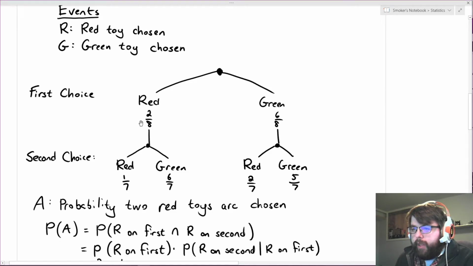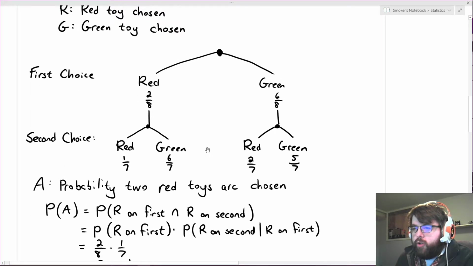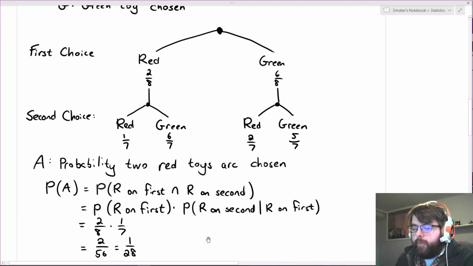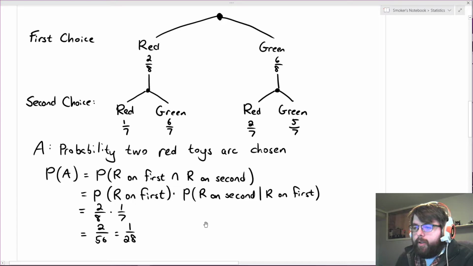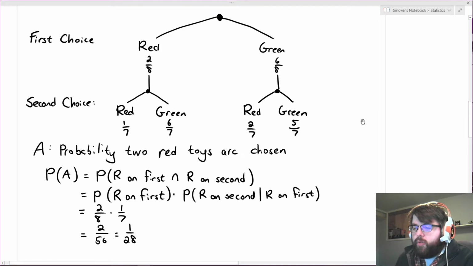That would be this 2 out of 8. And then what is the probability of red on the second? Well, we have 2 reds, but only one red on the second pull is given a red on the first. So we want to use the 1/7. All right, so we take 2/8 times 1/7, which would be 2 over 56, which would simplify to 1/28. Okay, hopefully this is making sense. That's how the intersection works of two dependent events.